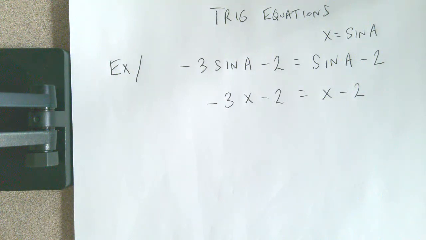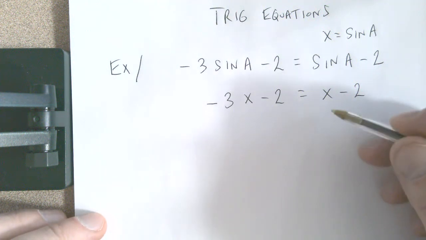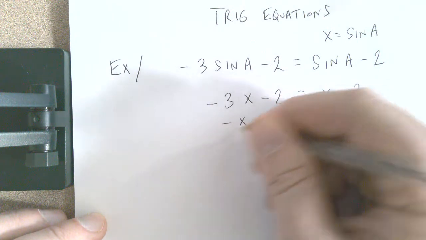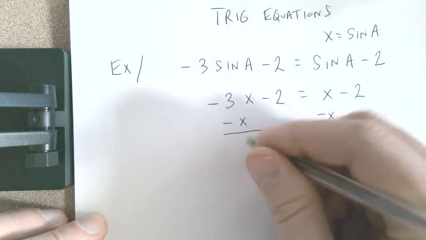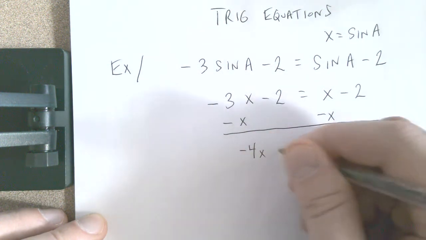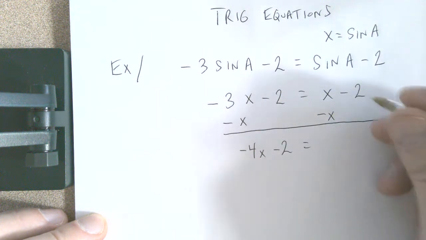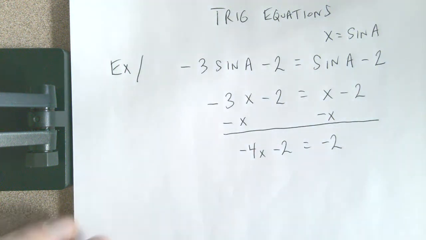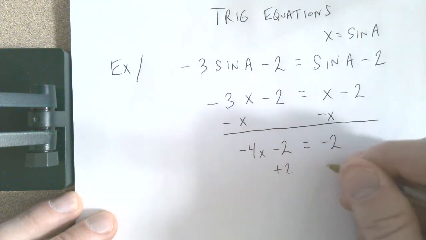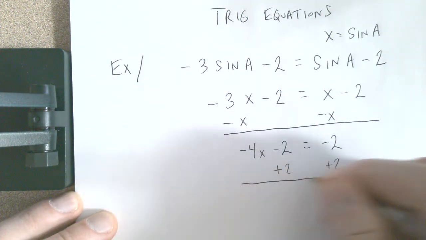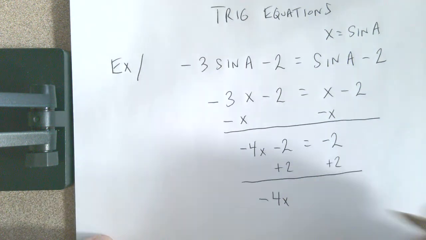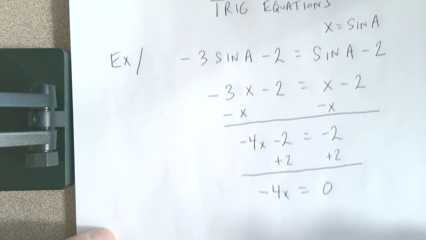Well, from algebra class, we know that to solve for x, we're going to get the x's together. So I'm going to subtract an x. That gives me negative 4x minus 2 equals negative 2. Then I'm going to add 2 to both sides, so I get negative 4x equals 0.